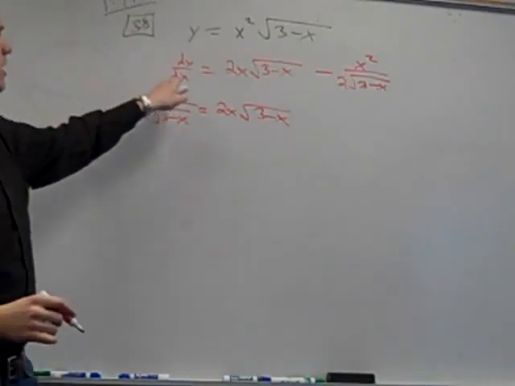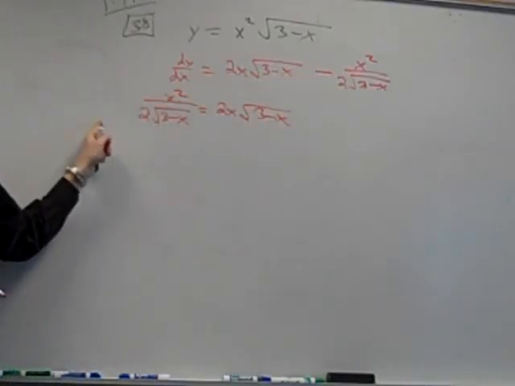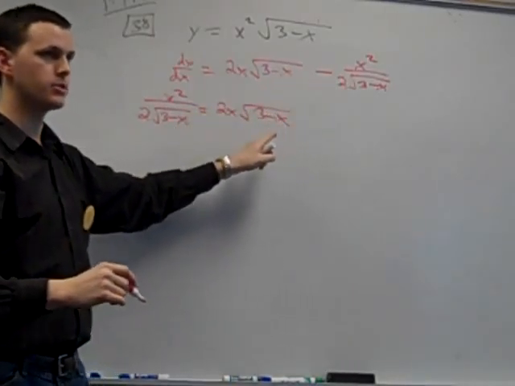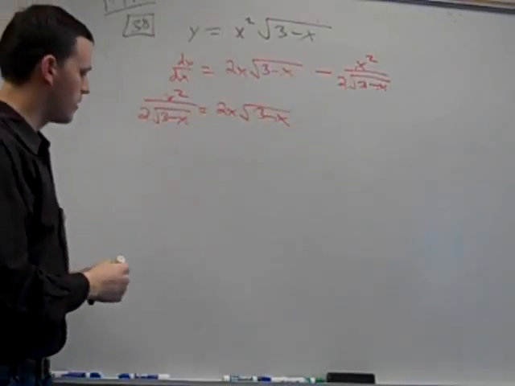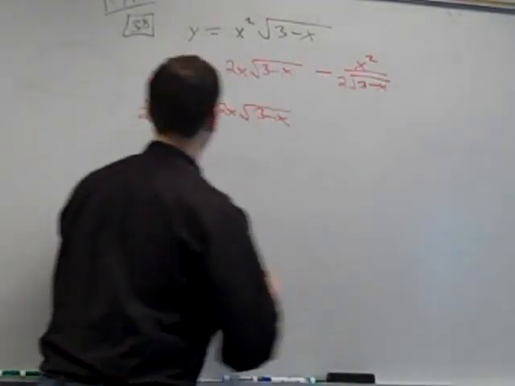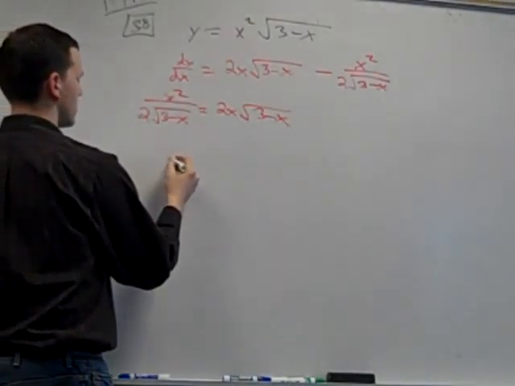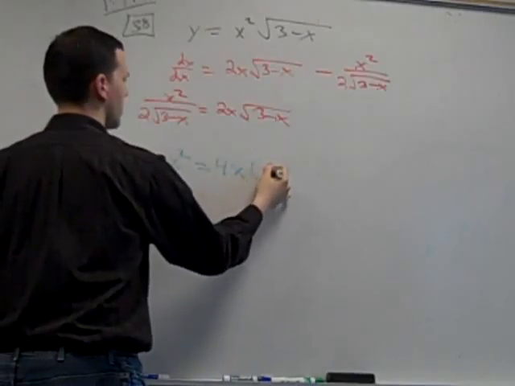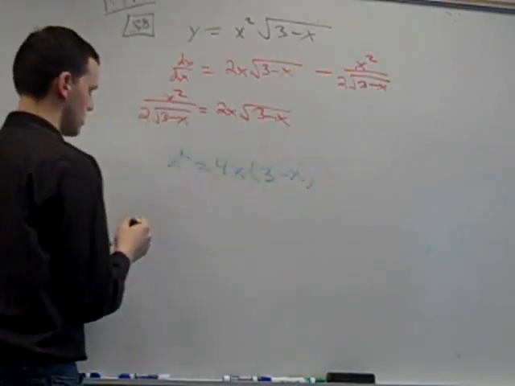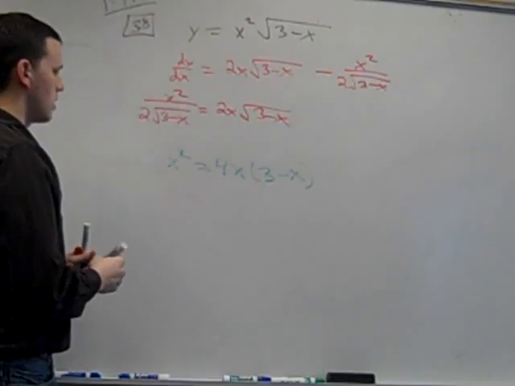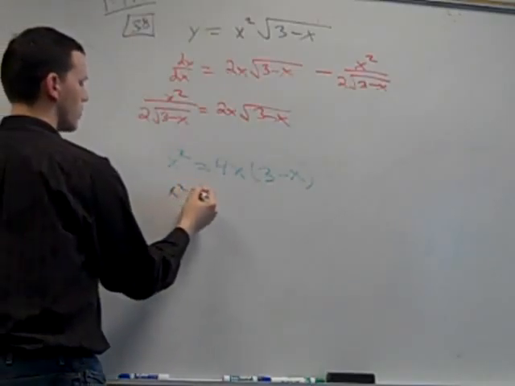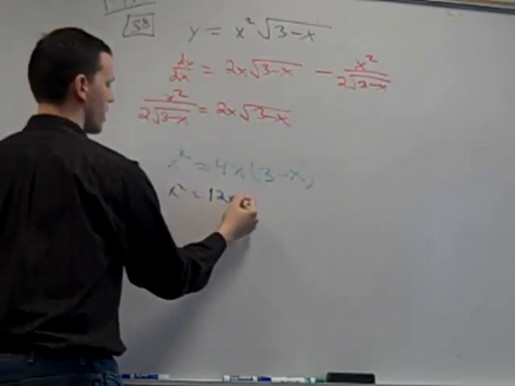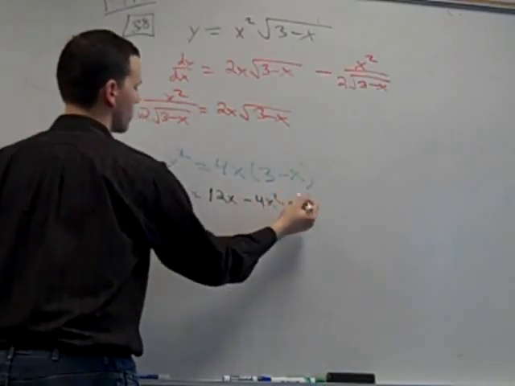Alright, so I set it equal to 0 and I moved the term on the right over. You see that okay? And then we're going to cross multiply to give us x squared equals 4x times 3 minus x. Then x squared equals 12x minus 4x squared.